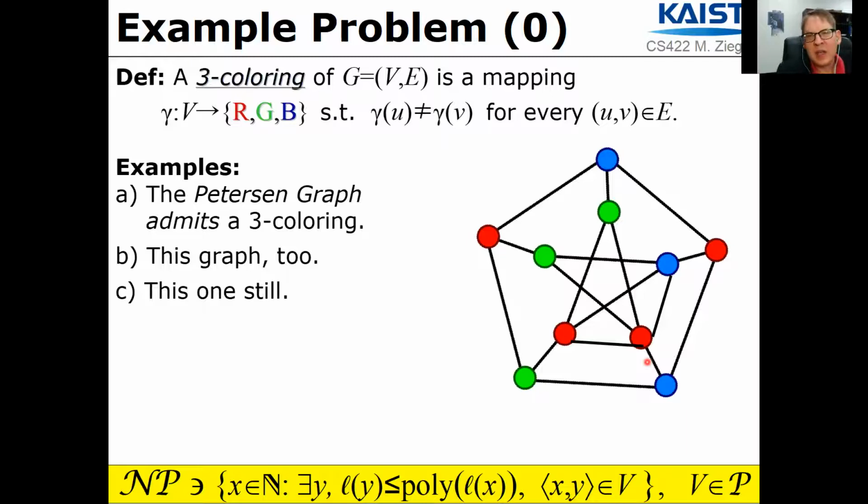So here we're throwing in another edge, connecting again the two red vertices and thus violating the three coloring property, but instead we can again apply some transformation of the graph, namely a rotation, so that this graph now still admits a three coloring, and this monochromatic edge is not present anymore, namely by rotating the coloring of the existing graph.